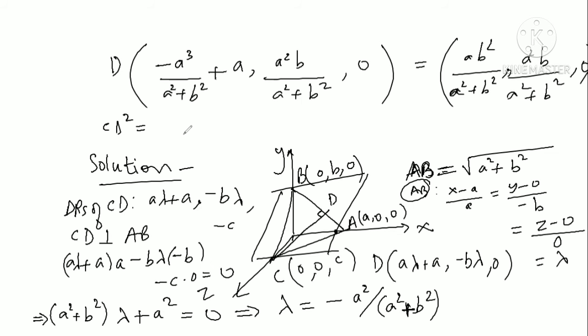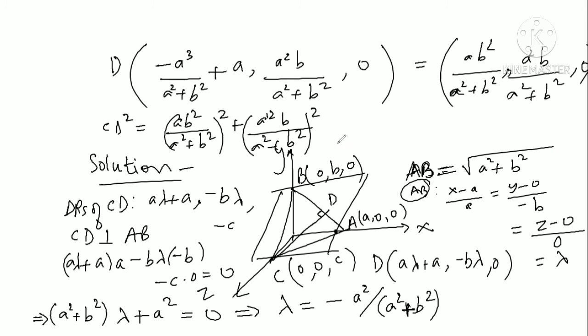So cd square will be ab square upon a square plus b square whole square, then a square b upon a square plus b square whole square, and then 0 minus c, so minus c whole square will become c square. So this is cd square.